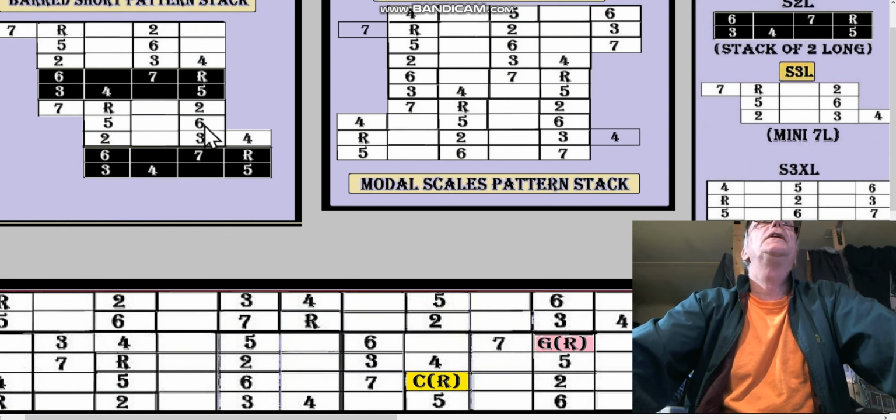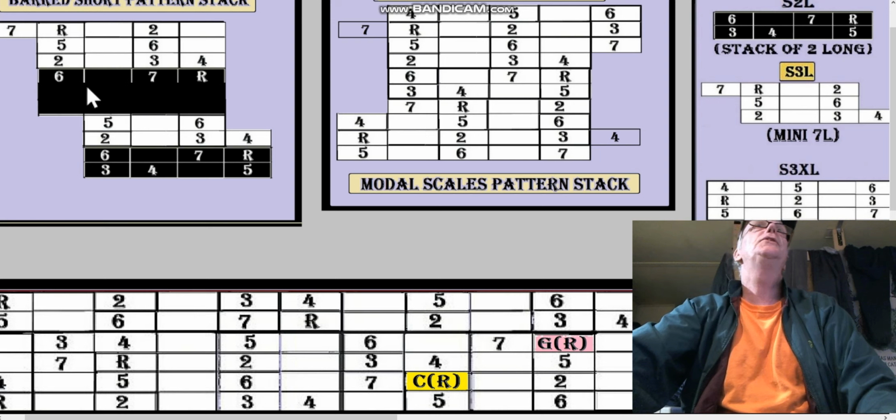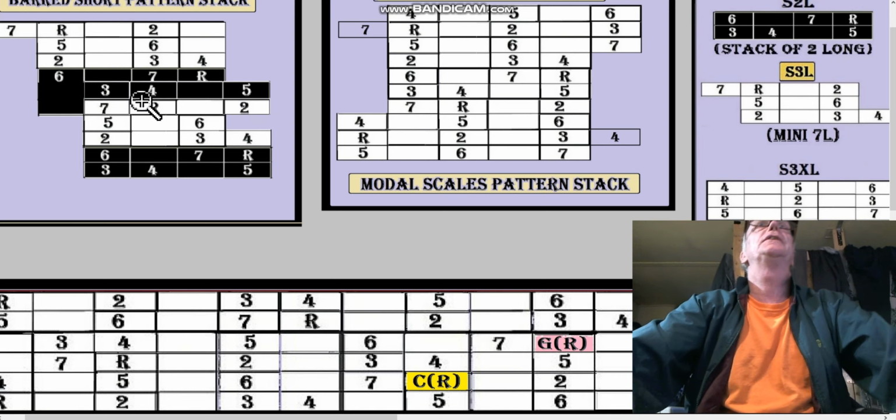Alright, so what really happens in the pattern, we've got the first 4 notes on the first 4 strings up there. And what's going on with the guitar, the way we tune our guitars, is that this is the actual situation here.